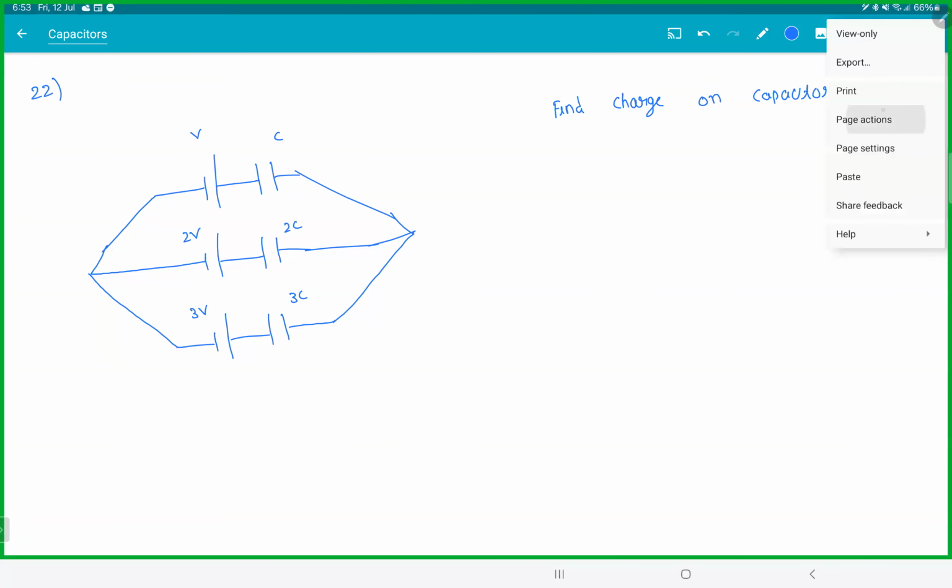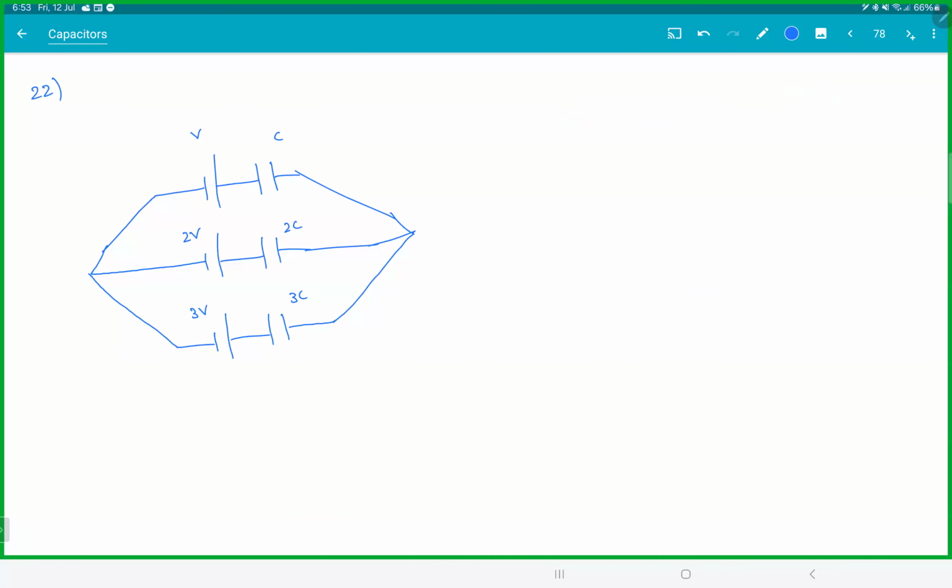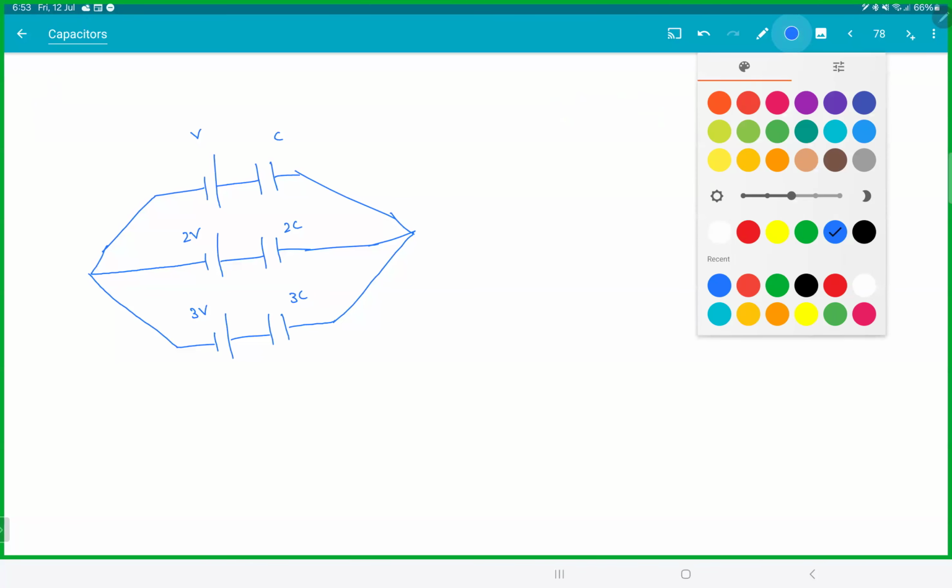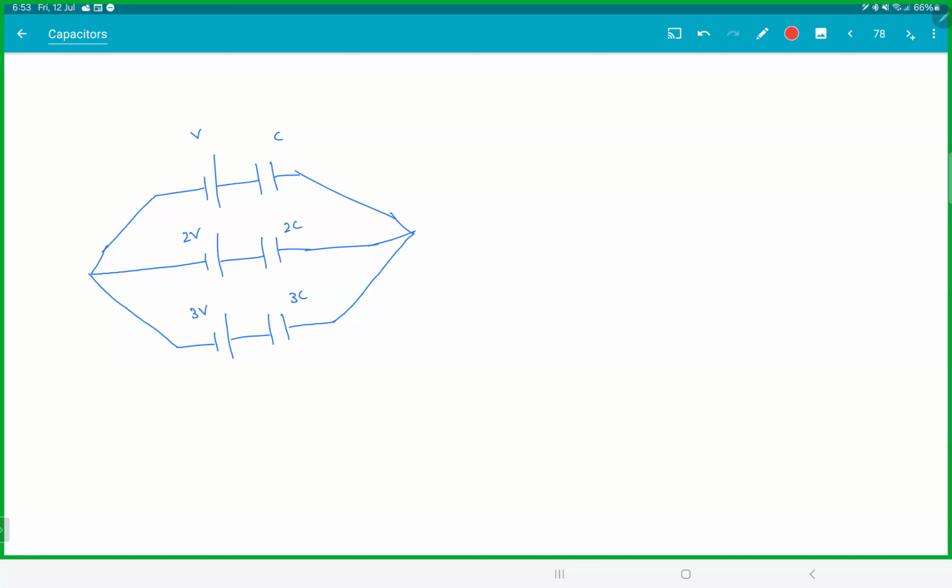Again, same story there. Step 1, find the point. Choose a point with a zero potential. Preferably choose the battery's tails as zero. That will make your life easy. This is zero. If this is zero, zero. So this guy is V, this guy is 2V, this guy is 3V. This thing I don't know, let it be X. So let the charge be Q1, let the charge be Q2, let the charge be Q3.